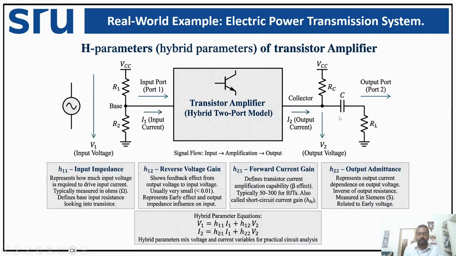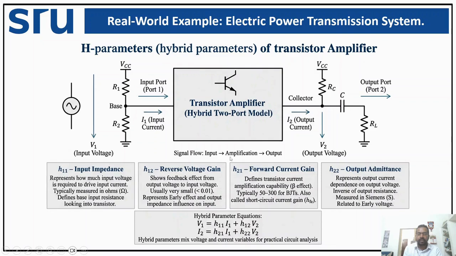The capacitor shown is the coupling capacitor, which blocks the DC and allows the AC signal transfer. So the signal flows from the input port through the transistor amplification to the output signal.